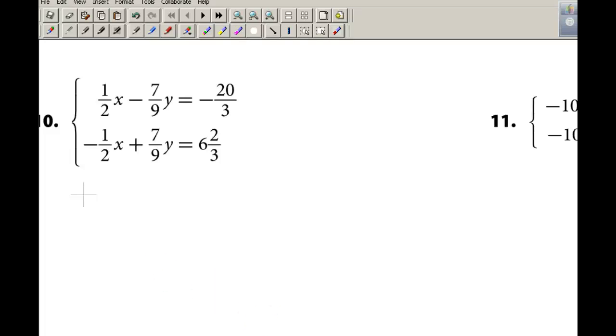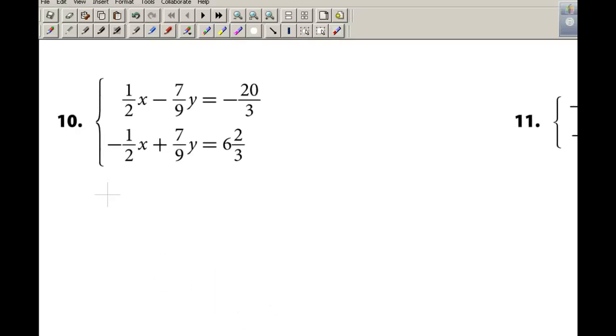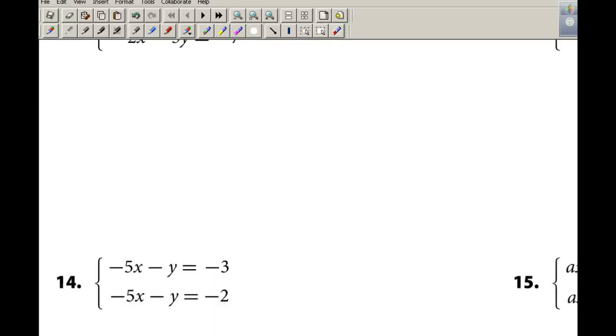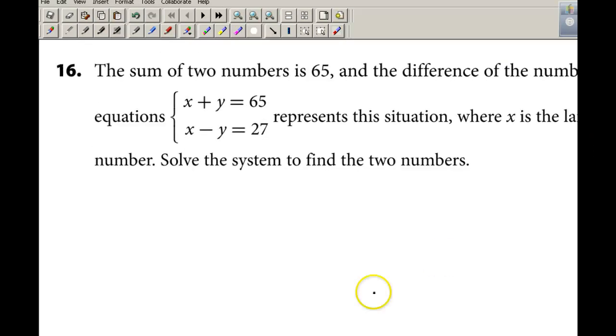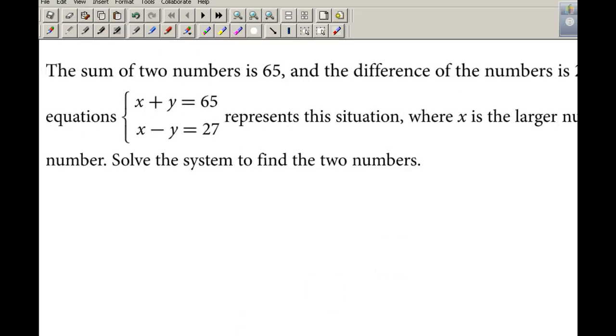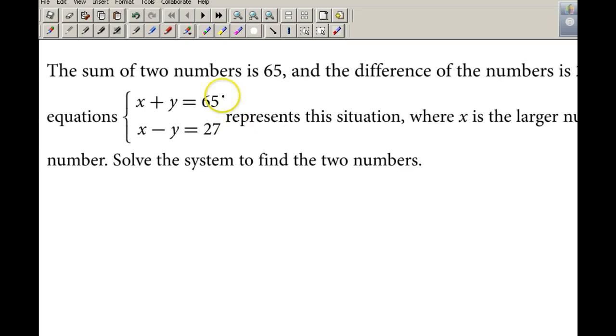Okay, and what about 16, is there a question on that? They gave you the equations. Do you know how to solve this?